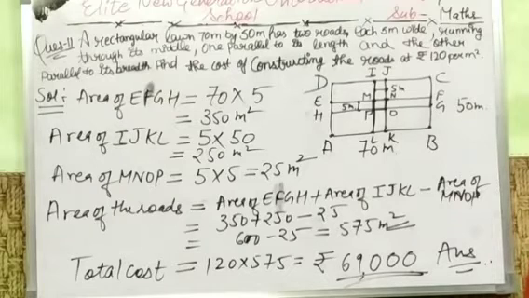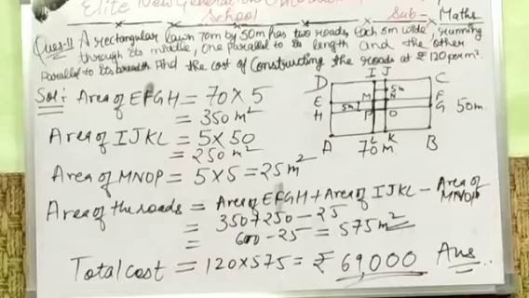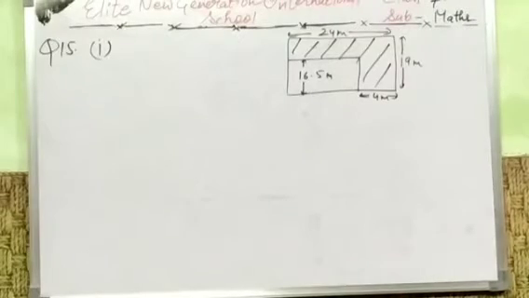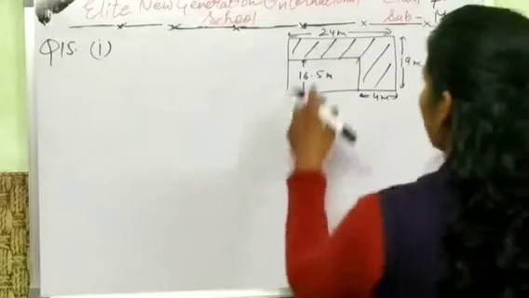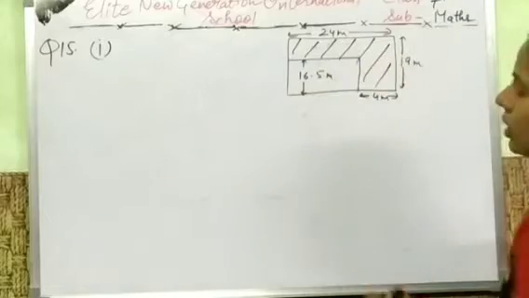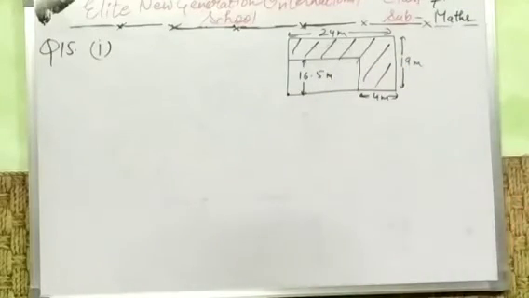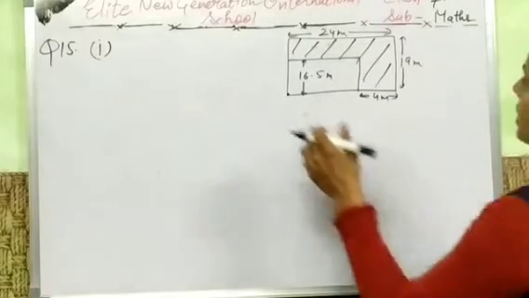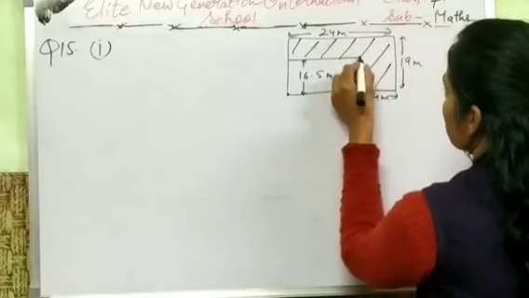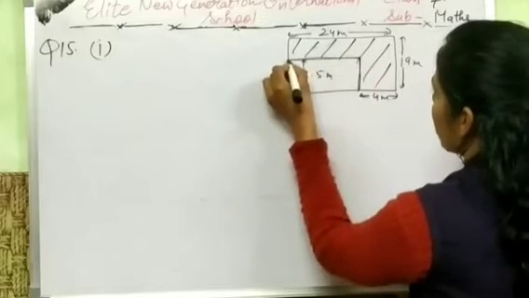Now let's solve one more question from this exercise, question number 15. In question number 15, we have to find the area of the shaded region. Because the figure is already given in this question, first name all the shapes of these rectangles. This shape is in the shape of a rectangle, so first name it.